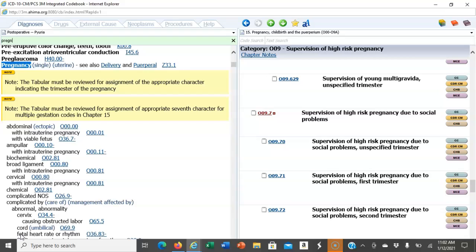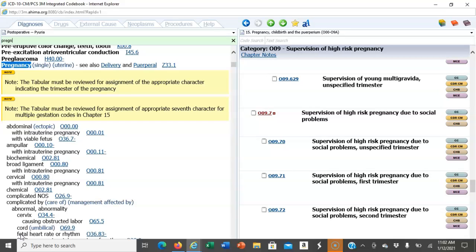If not, we choose the appropriate pregnancy complicated by code. It also tells us that if multiple conditions prompted the admission, then we're going to sequence the one most related to the delivery as the principal diagnosis code. And we'll look at an example of one of those in a minute.